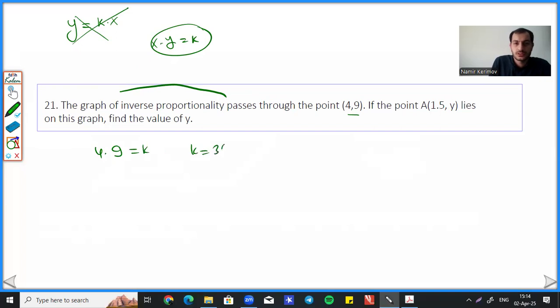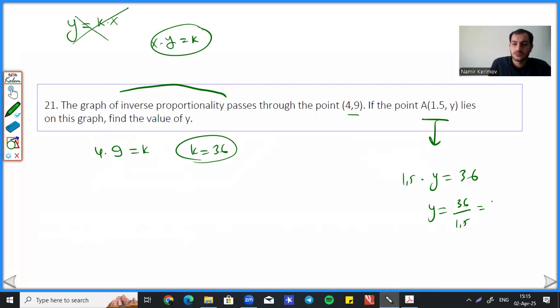So the constant is 36. So here 1.5 times y should be 36. So y equals 36 over 1.5, which is 24. So 24 is the answer. That's it. So the answer is 24.